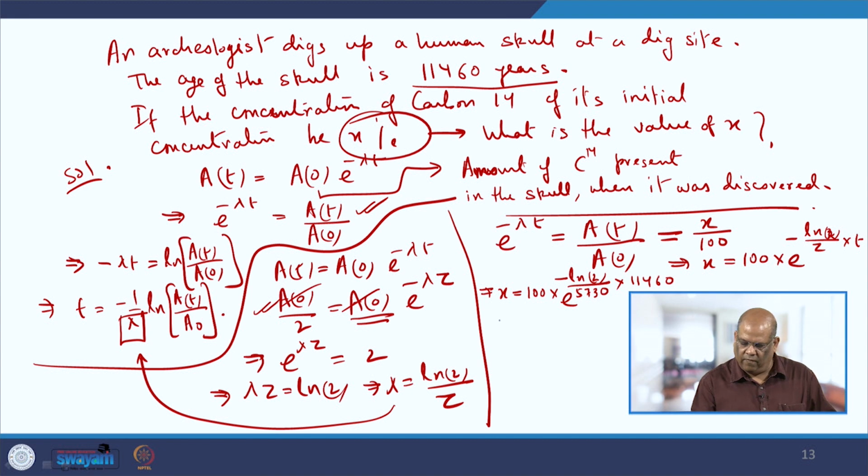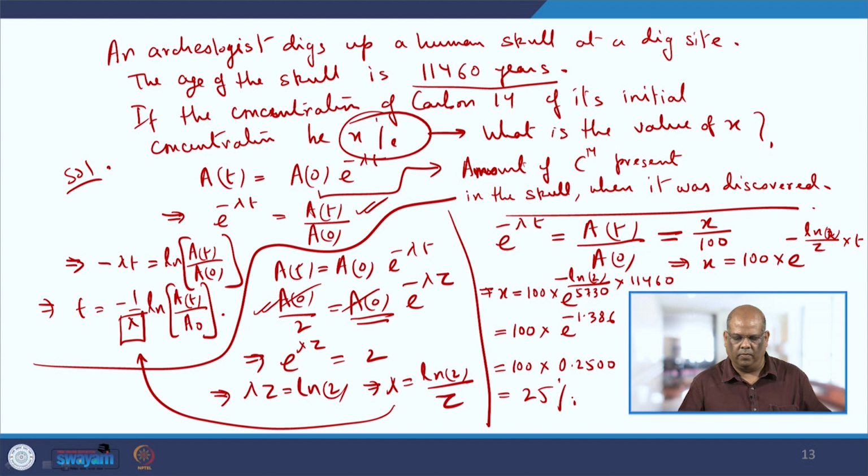And if you simplify this, this will be 100 into e to the power minus 1.386, and this is approximately equal to 0.2500, which gives your answer to be 25%. So, the concentration of the carbon 14 relative to its initial concentration is 25%.